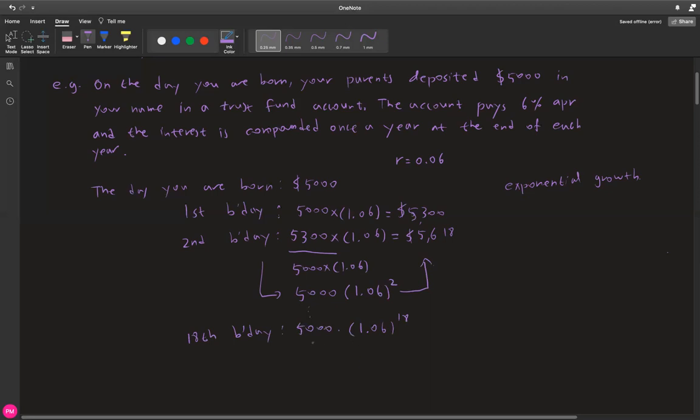So when you're putting this into calculator, make sure you do the 1.06 to the power of 18 first before you multiply the $5,000. So by putting this into calculator, you should be able to get 14,271.70. So that's how much you have in your account after 18 years.